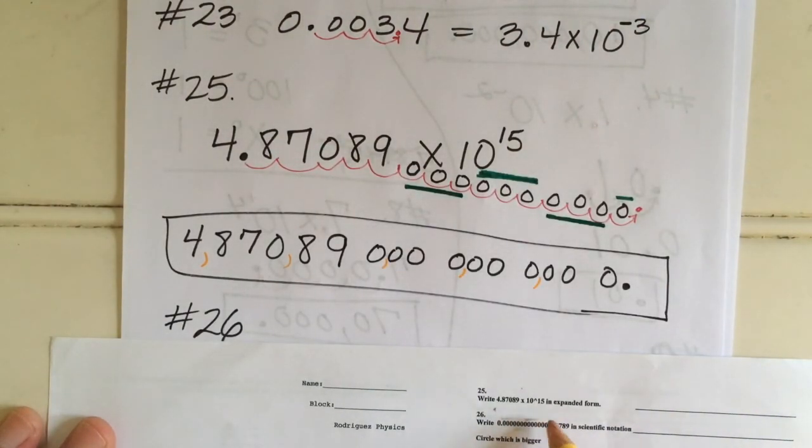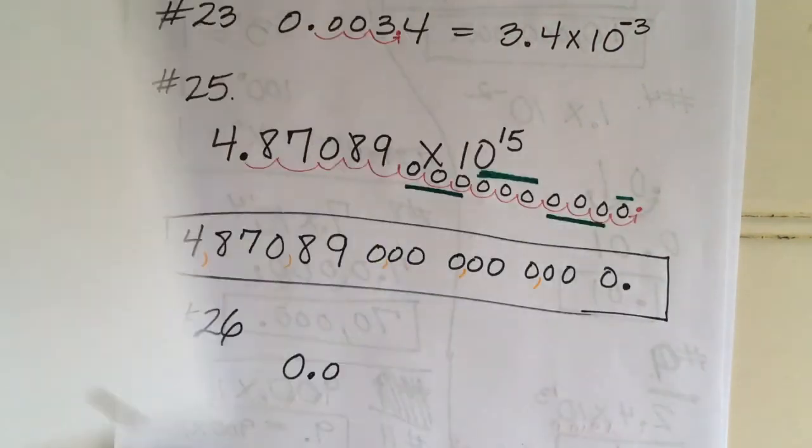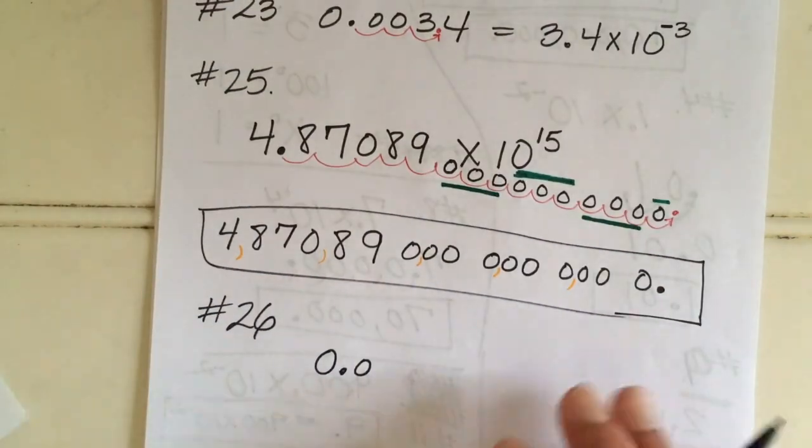This is hard on my eyes. Let me see. 1, 2, 3, 4, 5, 6, 7, 8, 9, 10. Yeah, that's 15 zeros. Boy, that took a long time. That was hard for me to see.